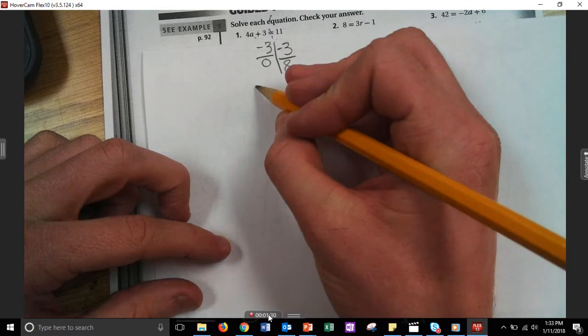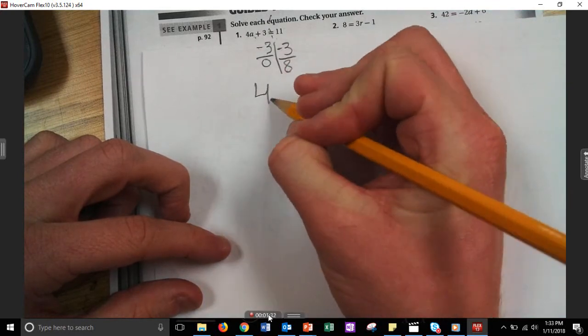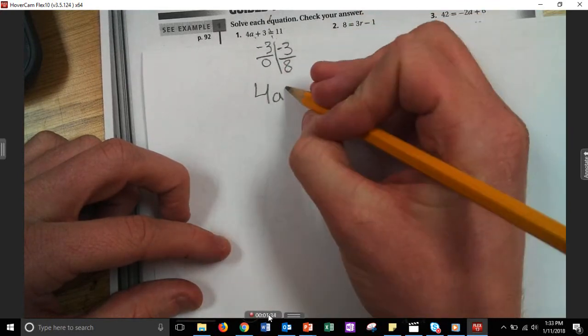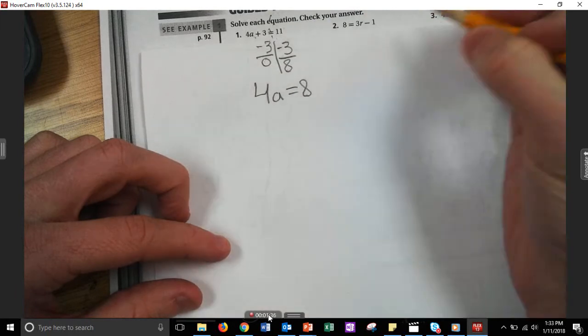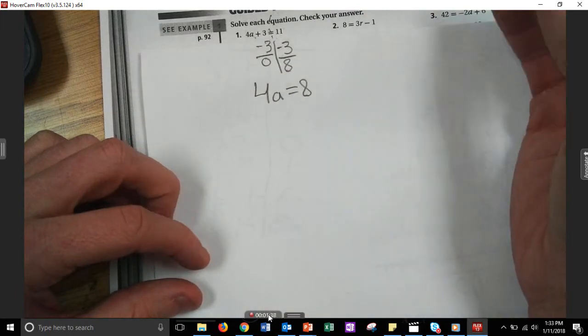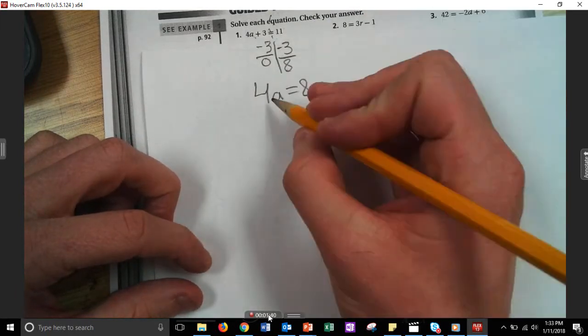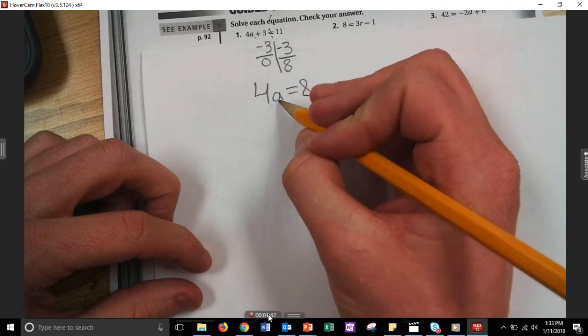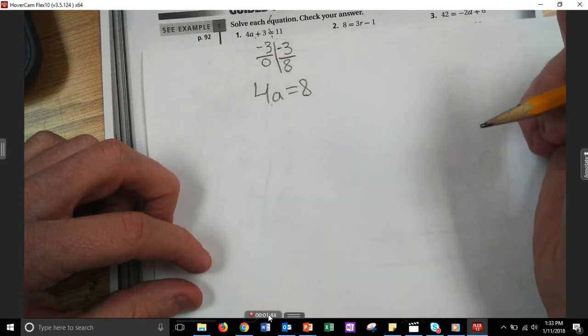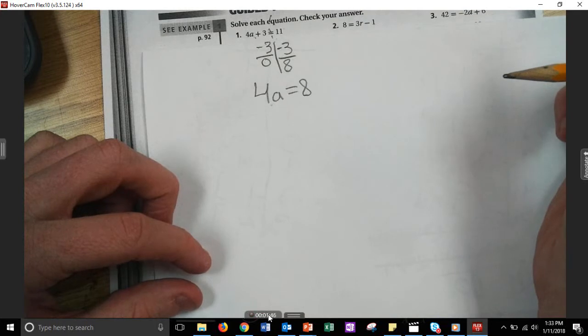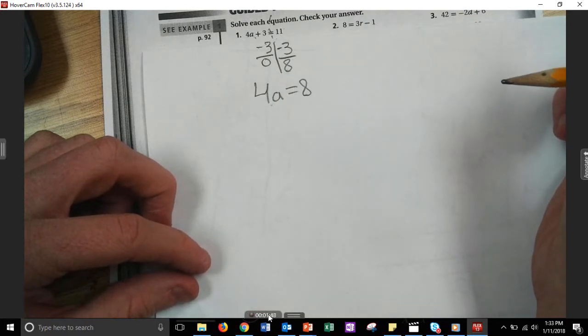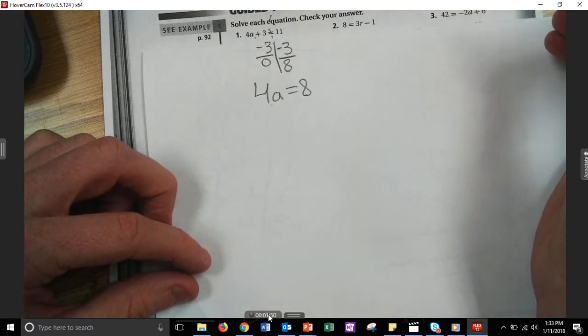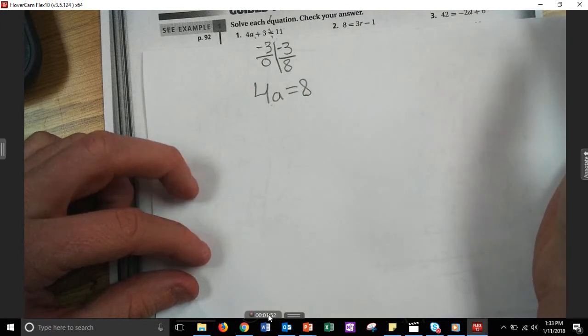So now we have 4a equals 8. We only have one step left with this equation. Now we see that our coefficient here of 4 is right next to the variable a, so we know that this is a multiplication operation. So now we just need to do the opposite of that, which is division.